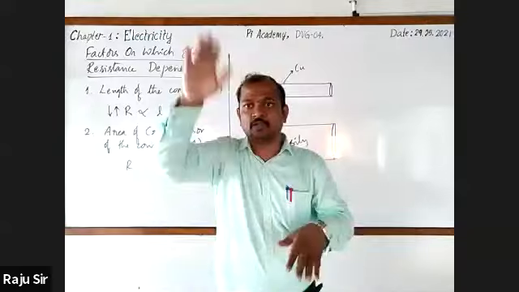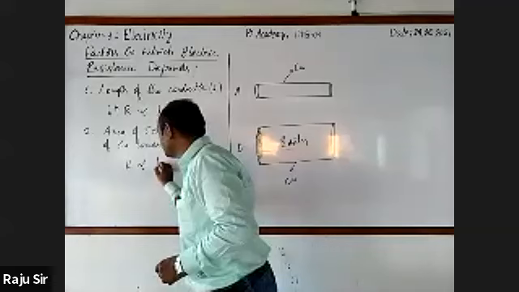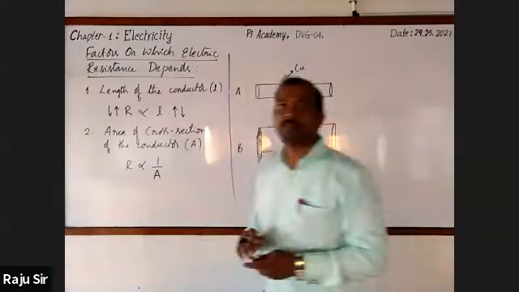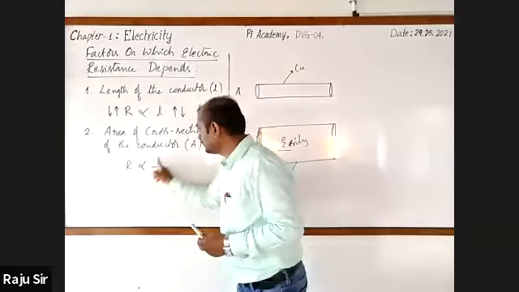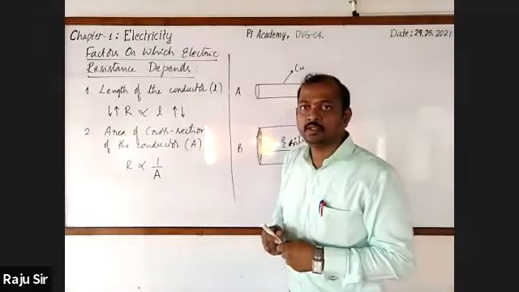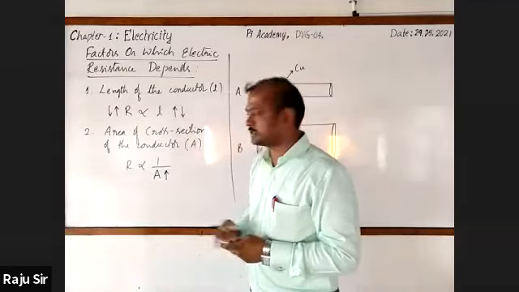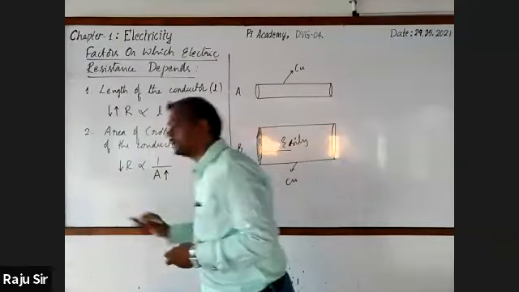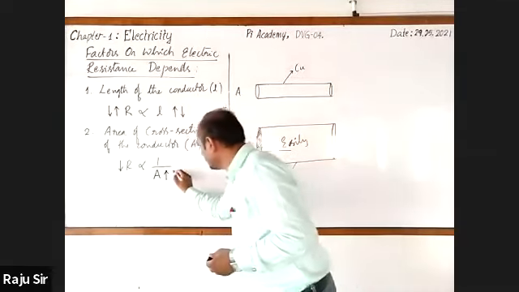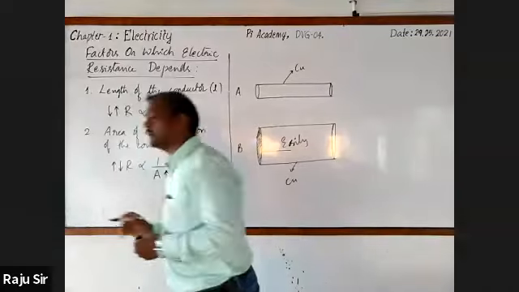As one quantity increases, the other quantity decreases, and vice versa, and we call this inversely. That's why R is inversely proportional to A. R is proportional to 1 by A. As area of cross section increases, electric resistance decreases. As area of cross section decreases, electric resistance increases.